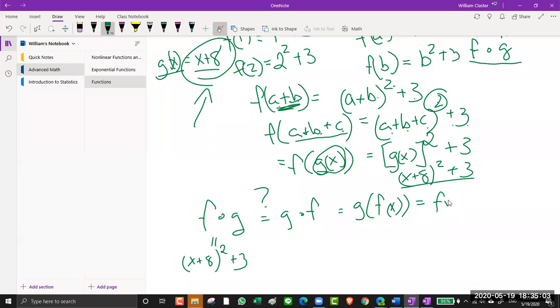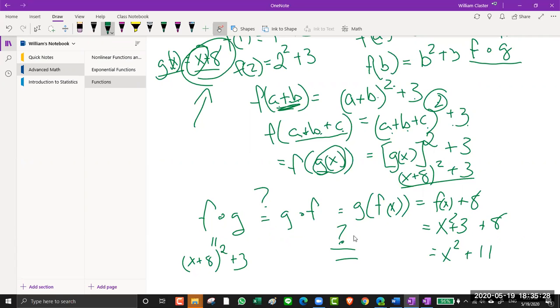Instead of this x, I write f, and then I have to add 8. But what was f? I think it was x squared plus 3, and then I have to add 8. So what do I get? x squared plus 11.